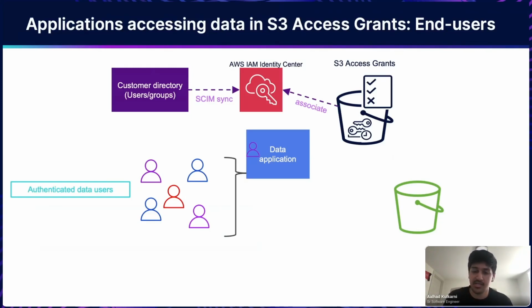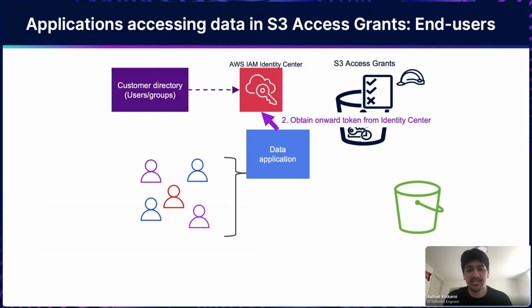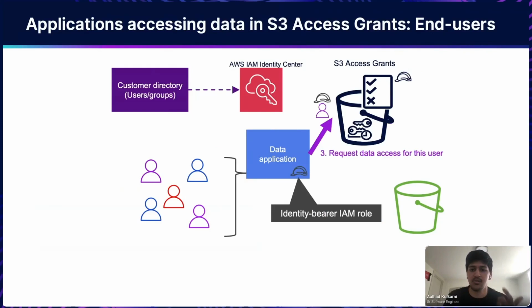Once you add grants to your end user identities, the data path for your application remains the same as the session broker use case. You log on to your data application, you authenticate, you go to IAM Identity Center, and get an onward token to talk to S3 Access Grants. You go to S3 Access Grants and say, hey, I need access to this particular resource in S3.